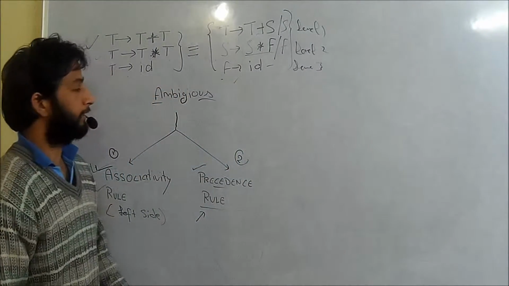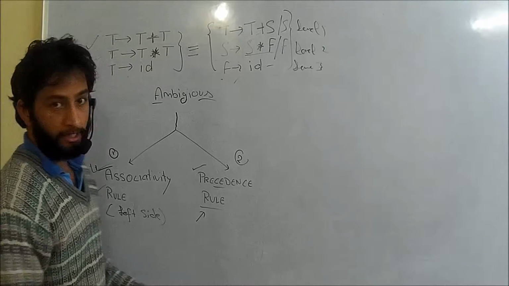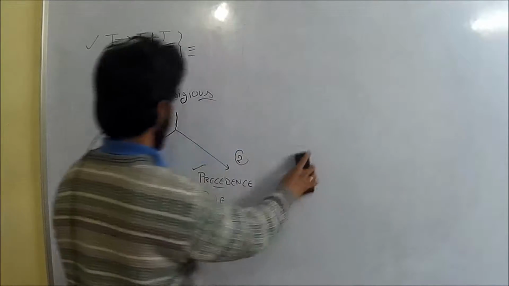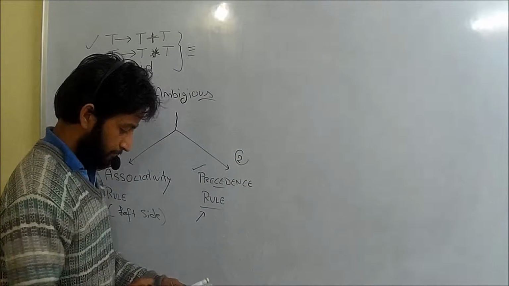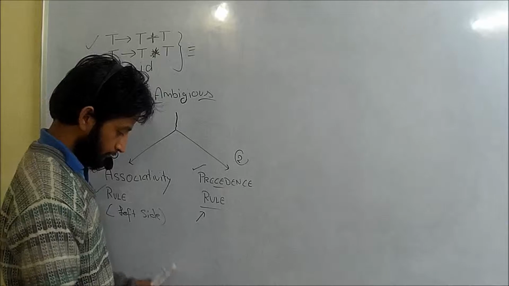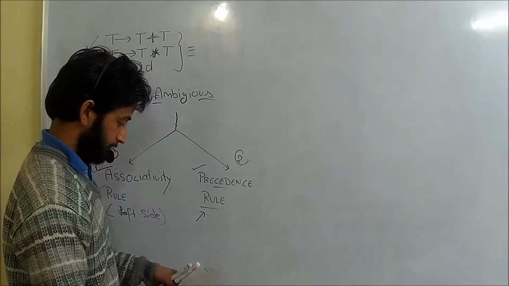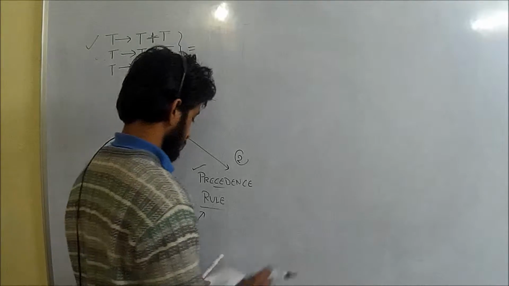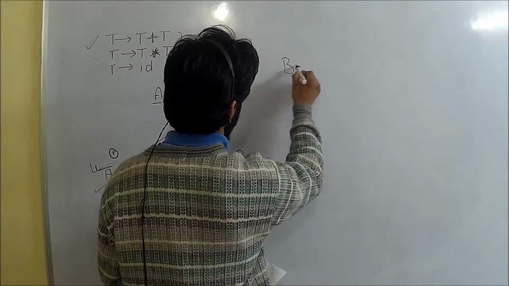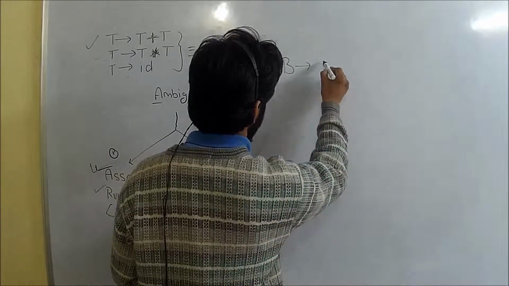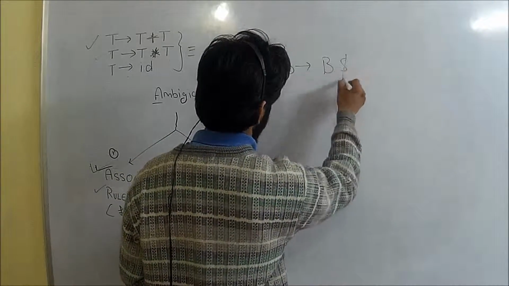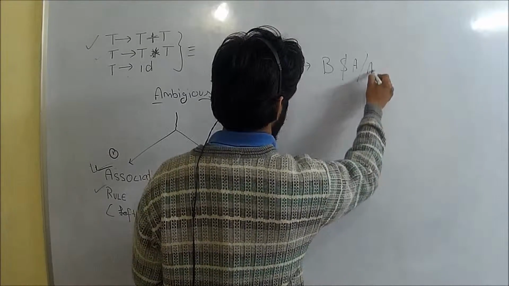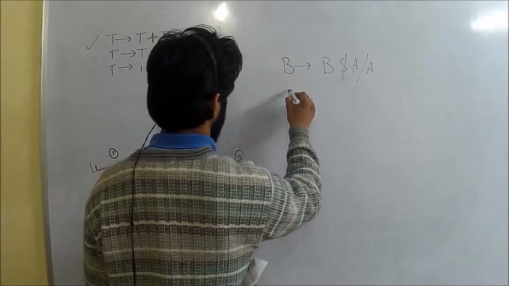Okay, so let us take a few examples. The first grammar is: B derives B dollar A and A. Okay.